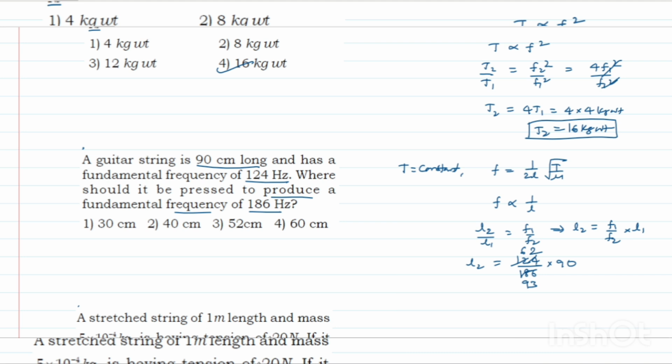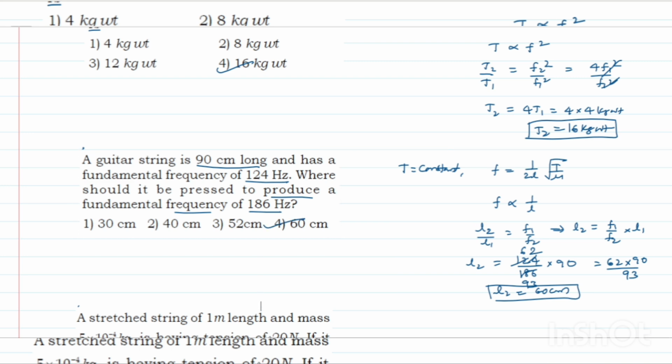So altogether, it is 62 into 90 by 93, students, and this value comes to nearly 60 centimeter. L2 we are getting as 60 centimeter.